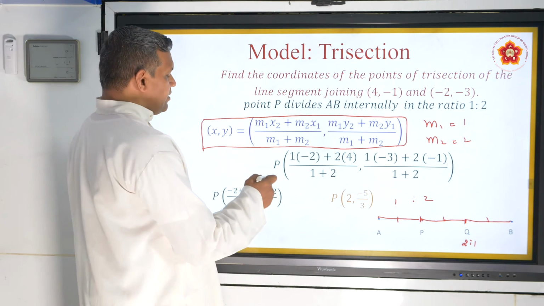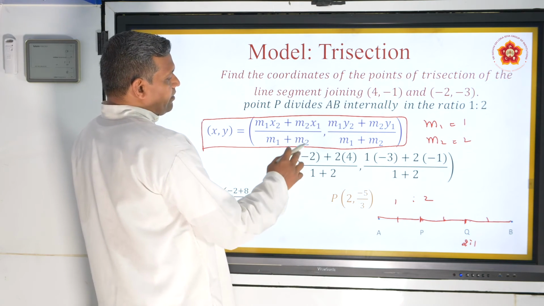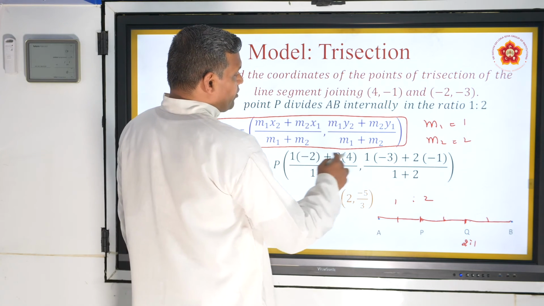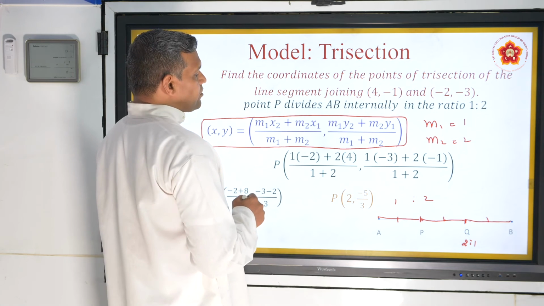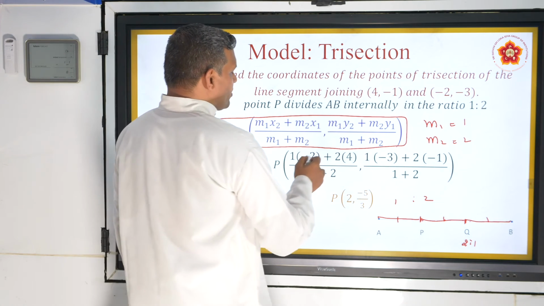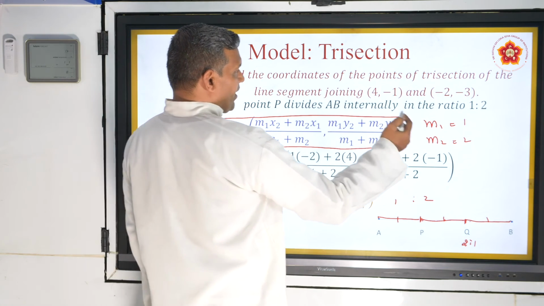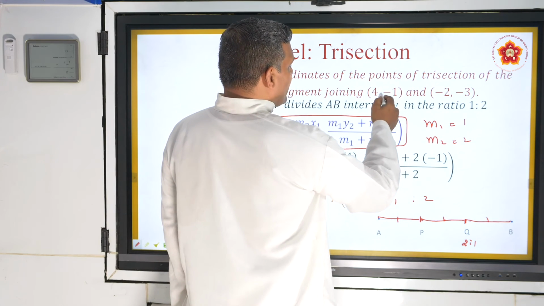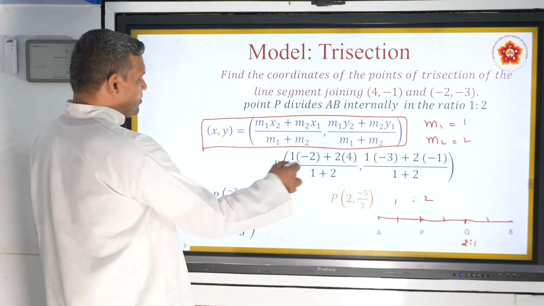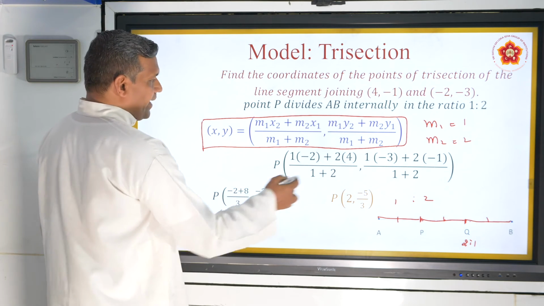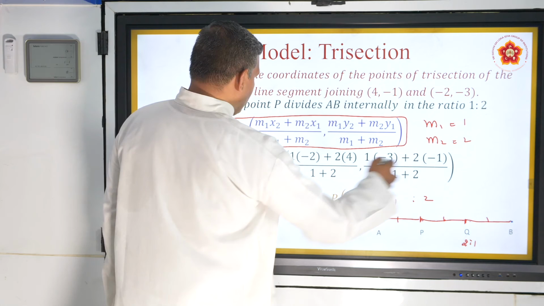So then we'll solve. While putting in the formula, substitute the values of x2 and x1. What is x2? x2 is minus 2. x1 is 4. y2 is what? Minus 3. y1 is what? Minus 1. That's it. Then simplify. So this is minus 2 plus 8, minus 3 minus 2.